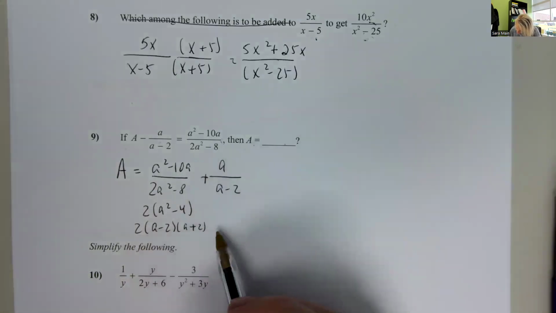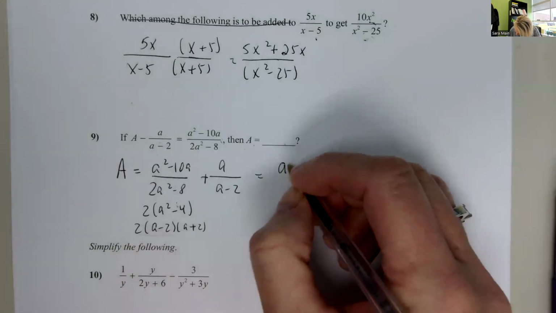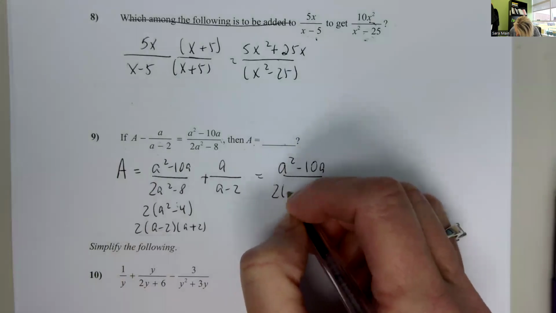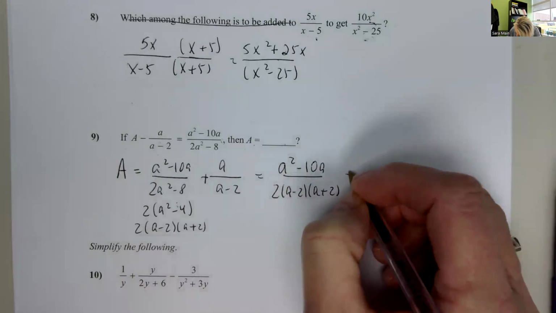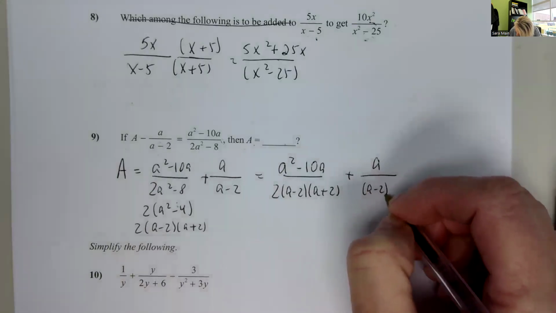Okay, so this is the common denominator. This fraction here will stay the same, a squared minus 10a all over 2(a minus 2)(a plus 2), plus a over a minus 2.